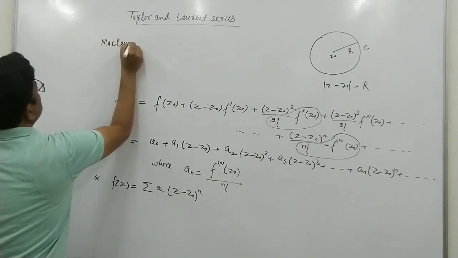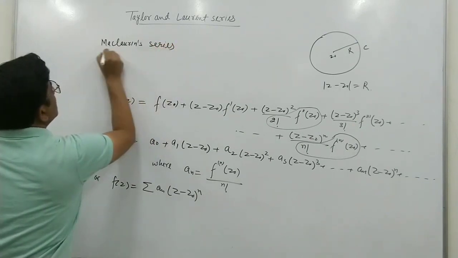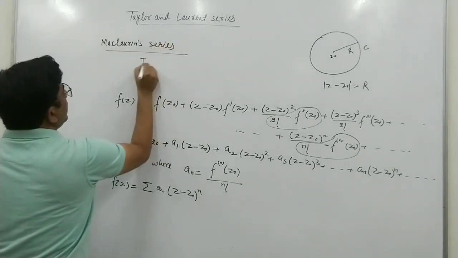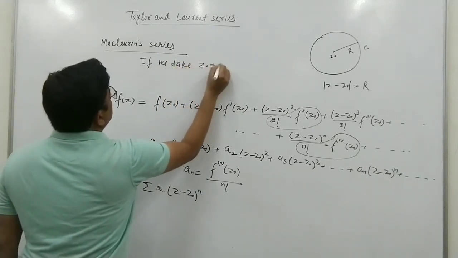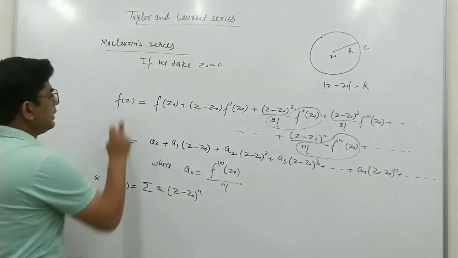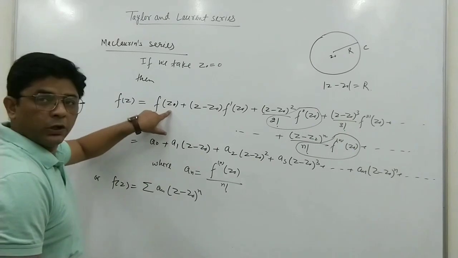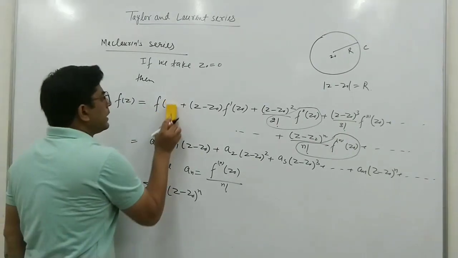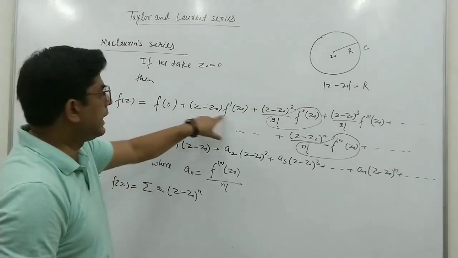So if we take z0 equal to 0, then this f(z) will be equal to f(0) plus z f'(0).